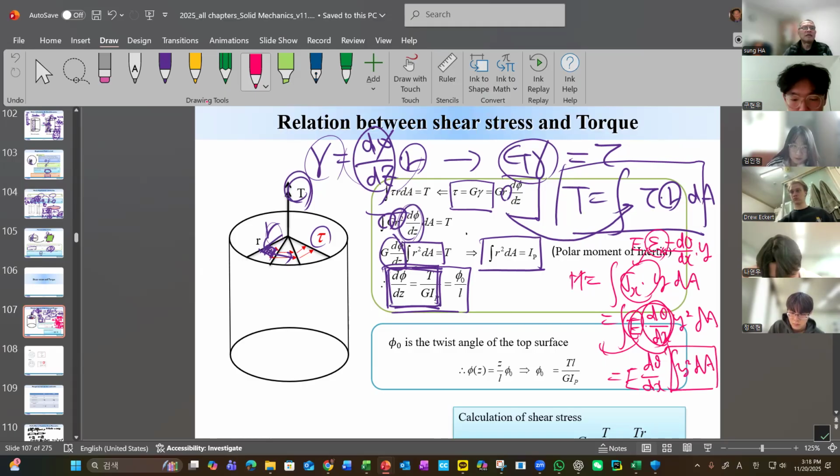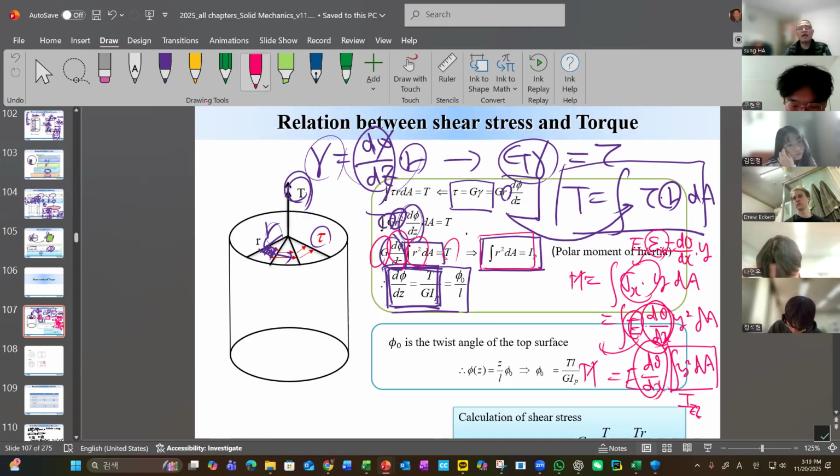What is this? This is exactly the same concept as the polar moment of inertia. Here it is just the bending, second moment of inertia, I, right? Izz. Isn't it the same flow, same definitions, exactly the same?